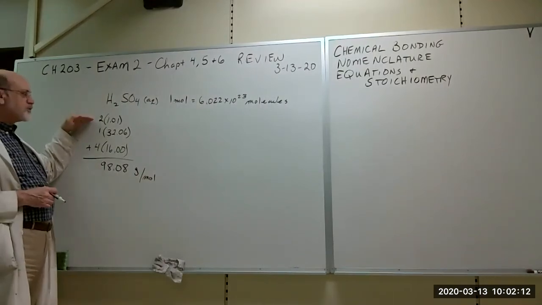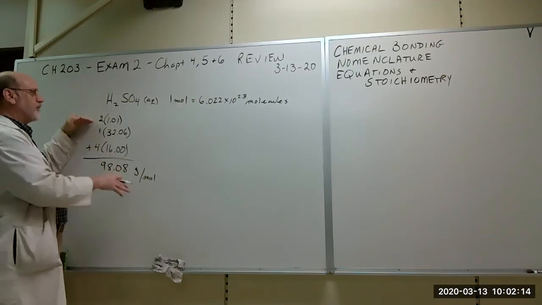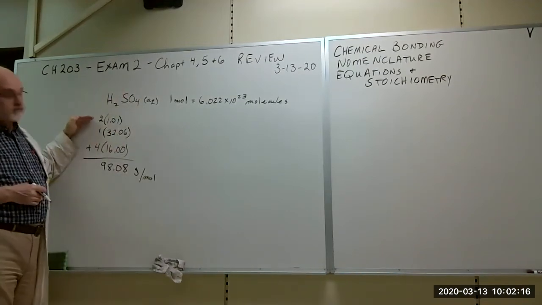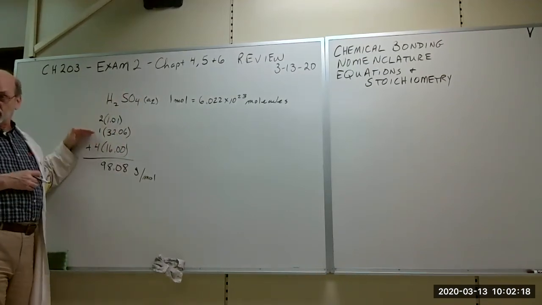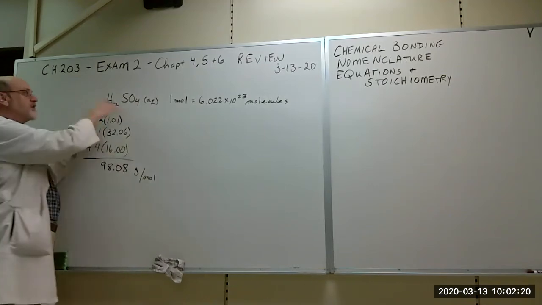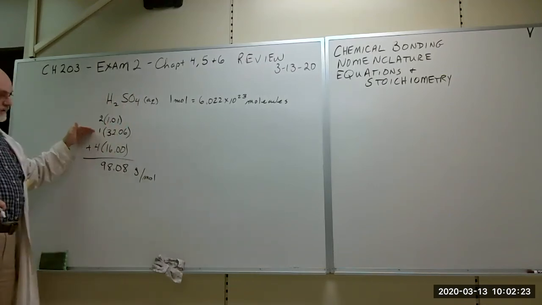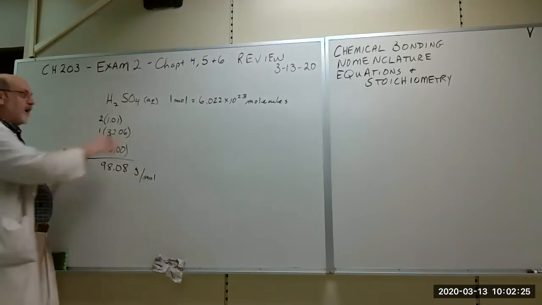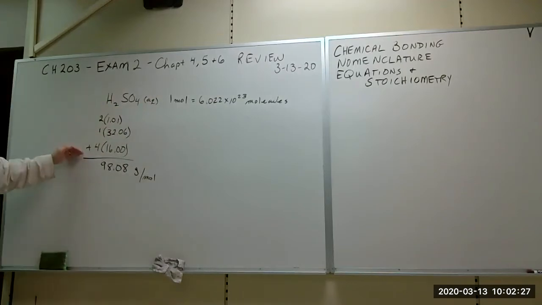This is 2.02 grams of hydrogen for every mole of those molecules, 32.06 grams of sulfur for each mole of those molecules, and 64 grams of oxygen for each mole.